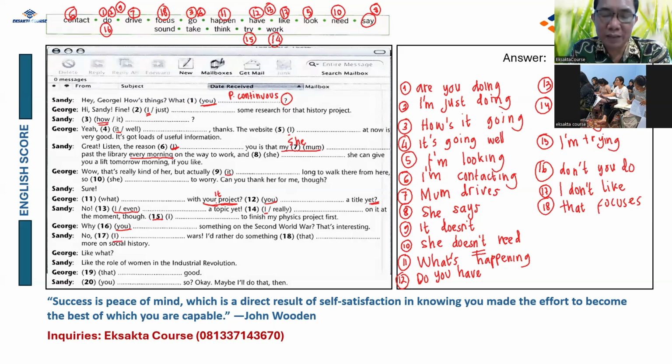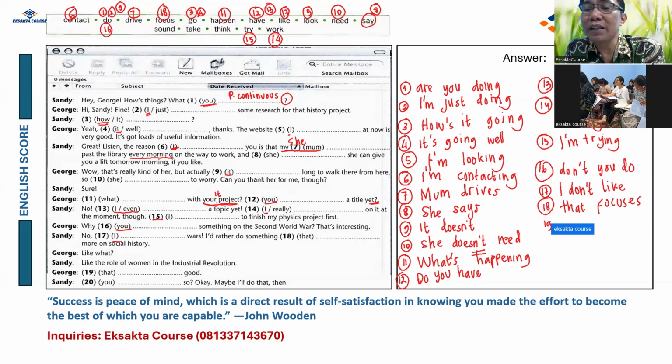Here, number 18, that focuses more on social history. It is simple present. So now next, geology like what?